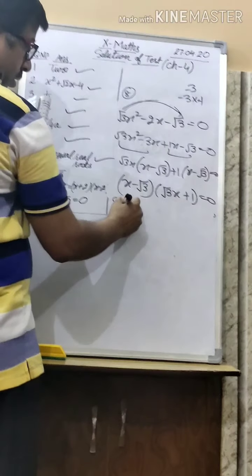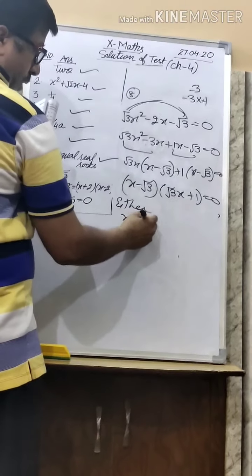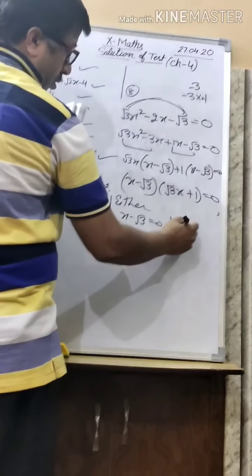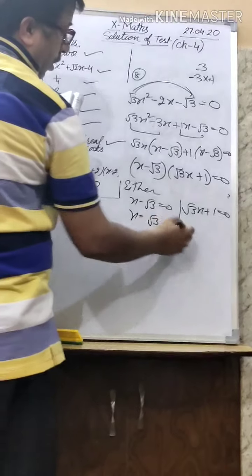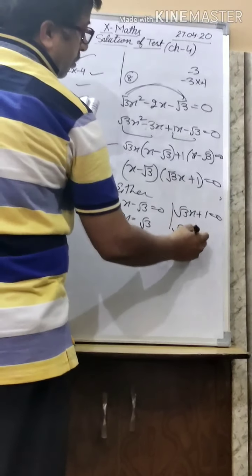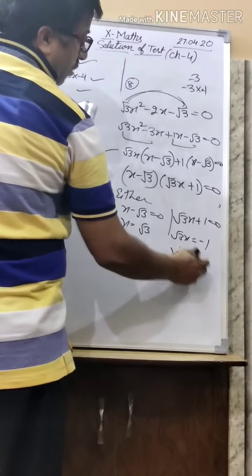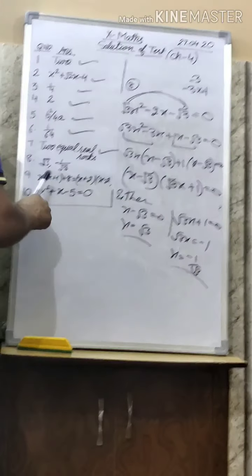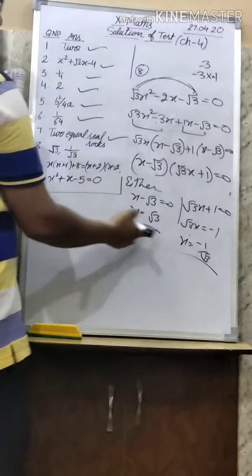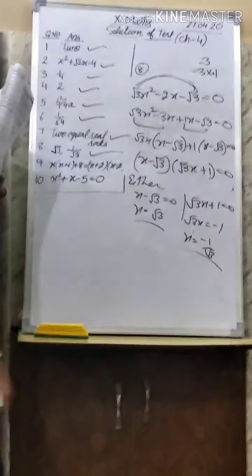So either x minus root 3 is 0, or root 3x plus 1 is equal to 0. x is equal to root 3, and root 3x is equal to minus 1, so x is equal to minus 1 by root 3. So the answers are x is equal to root 3 and x is equal to minus 1 upon root 3.